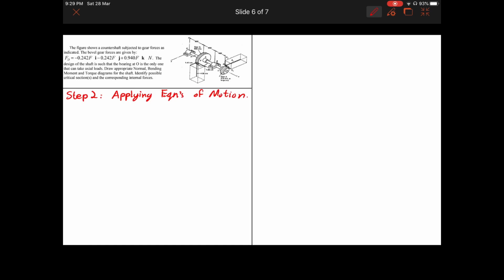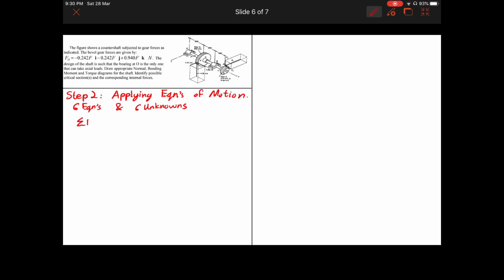We have the summation of force in x, summation of force in y, summation of force in z, moment about x, moment about y, and moment about z. So we have 6 equations and we need to solve for 6 unknowns. So the solution is solvable, hence we can continue with the steps.